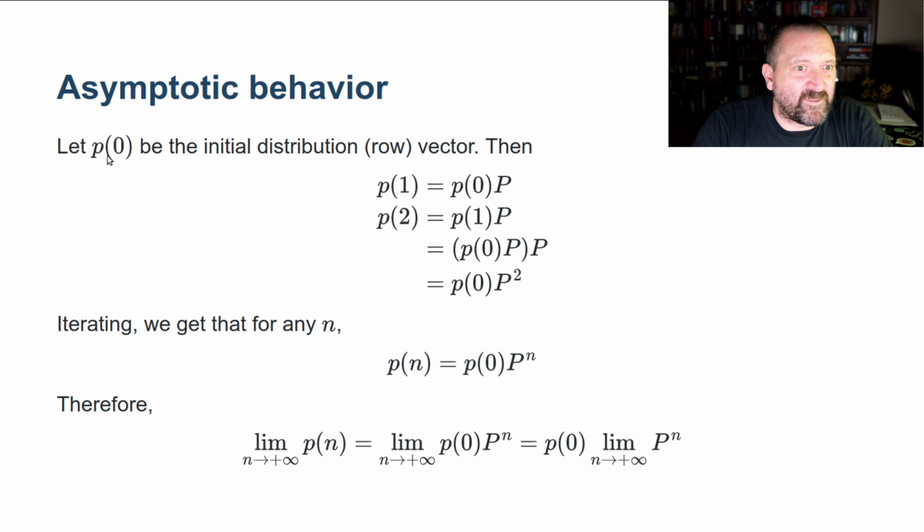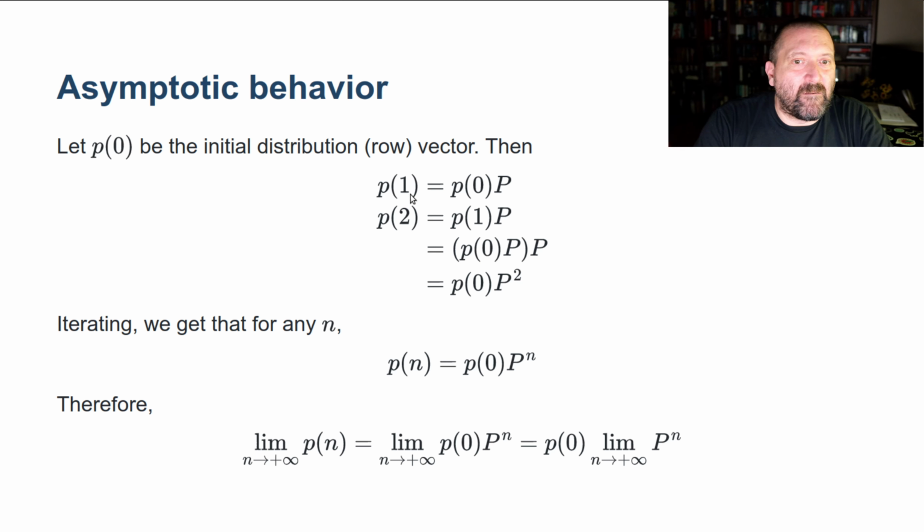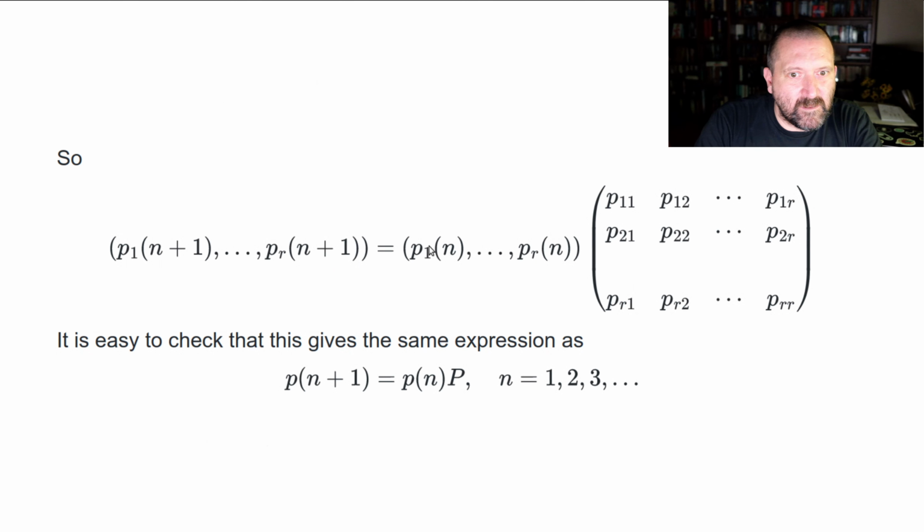So this is what happens. If I start with an initial row probability vector that tells me the probability of being in each of the states, then the first iteration, P of n plus 1 where n is 0, is given by my recurrence formula here.